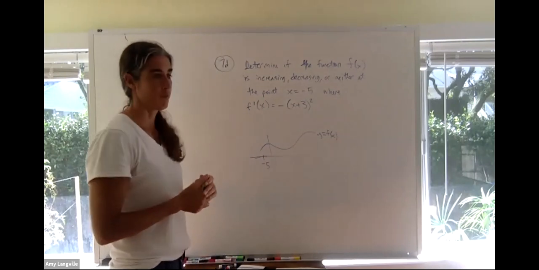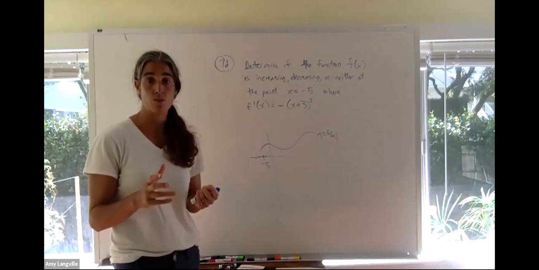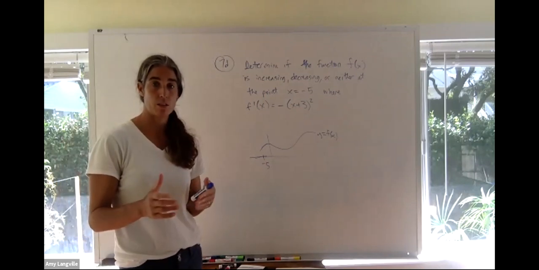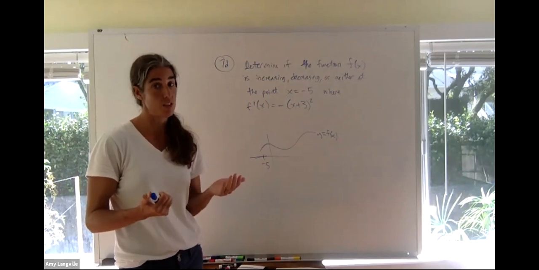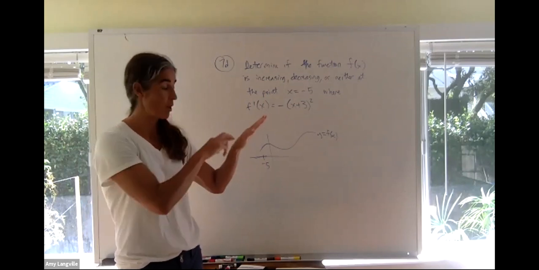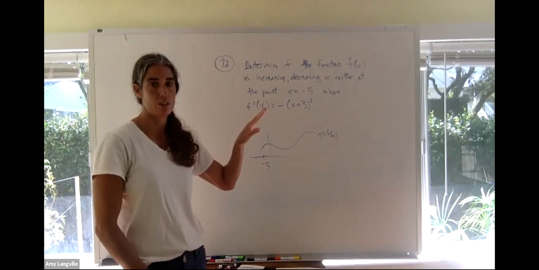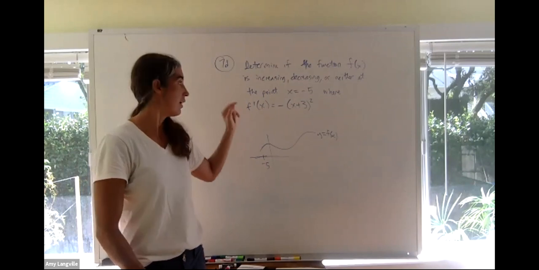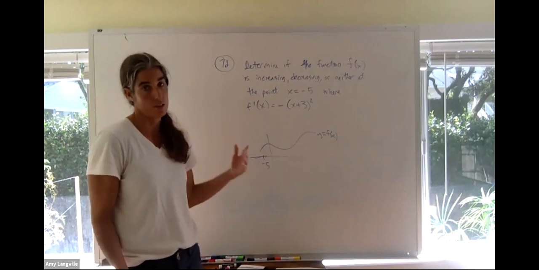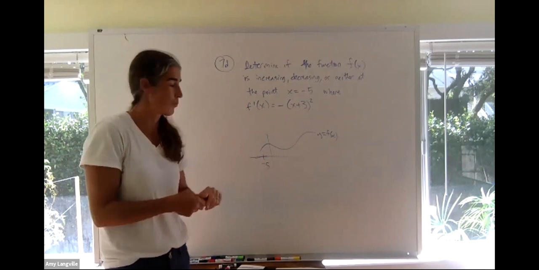And we have the derivative. So remember the connection between the derivative, increasing, decreasing. If the derivative is positive, that means the slope of the tangent line is positive. That means you're pedaling uphill. Your function is increasing. So all we have to do to answer this question is to plug -5 into the derivative and see if we get a negative number or a positive number.